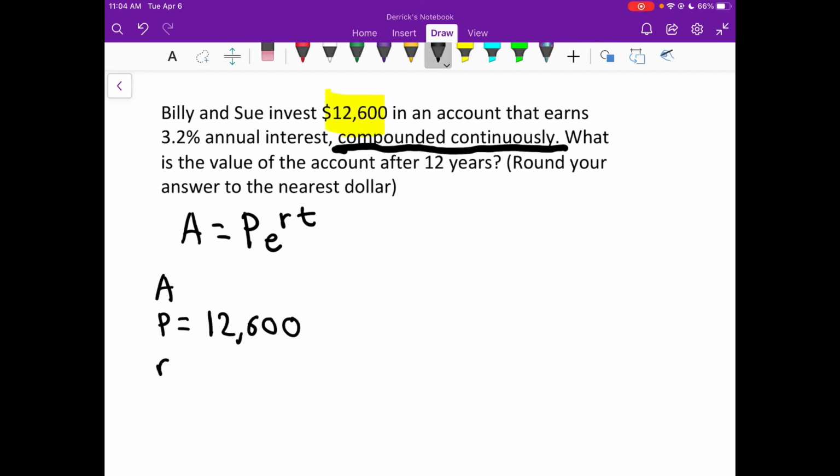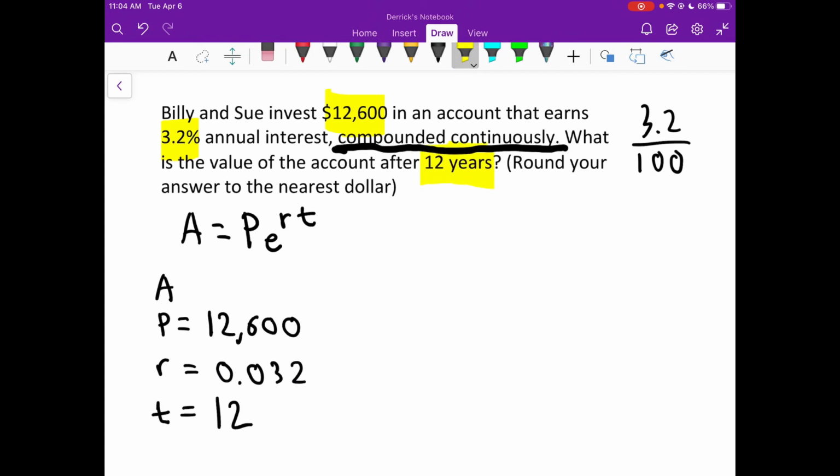Then, we are also told a rate of 3.2%, but again, we're not going to actually use 3.2%, we're going to divide that by 100 to give us 0.032. And then, finally, T, our time in years, it asks for the value after 12 years. Again, it has to be in years, but 12 is in a year form.